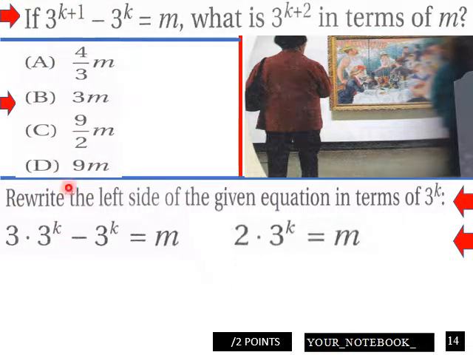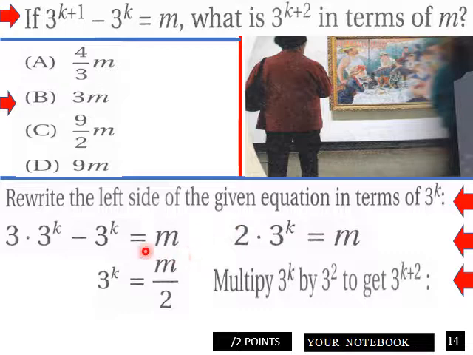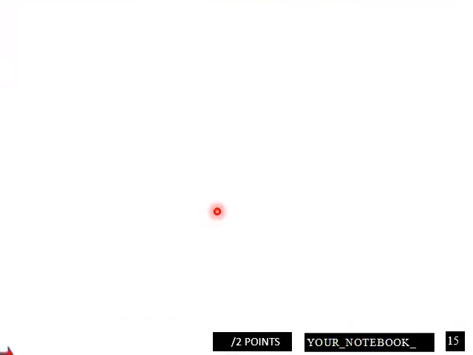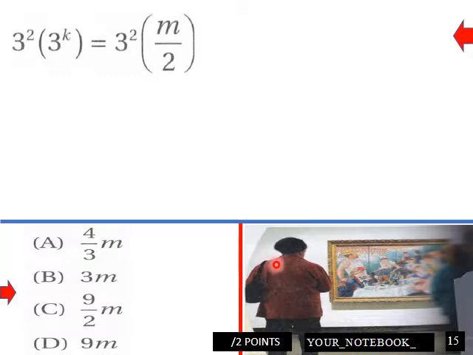So to do that, we expand this out to here. 3^k equals m over 2, actually. Then we multiply 3^k by 3 squared to get 3^(k+2). So 3^k times 3 squared equals 3 squared times m over 2.